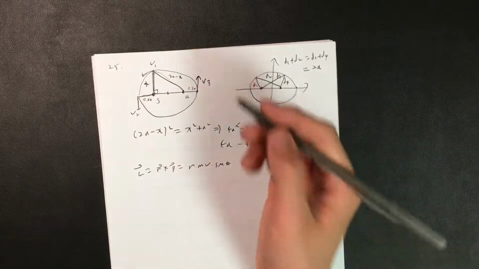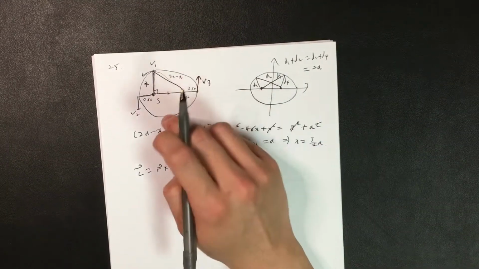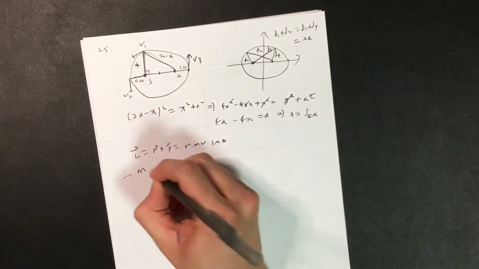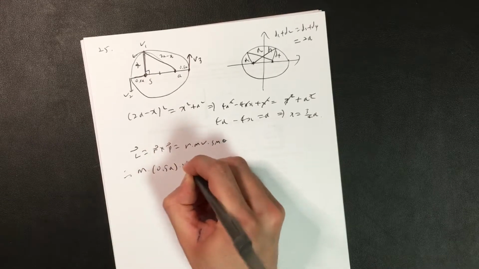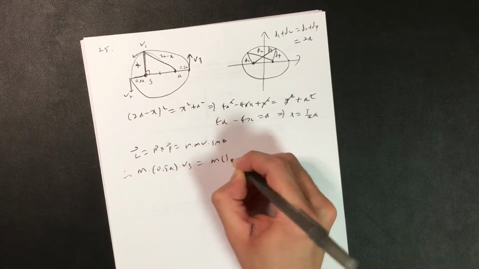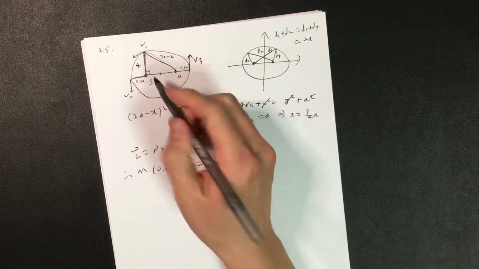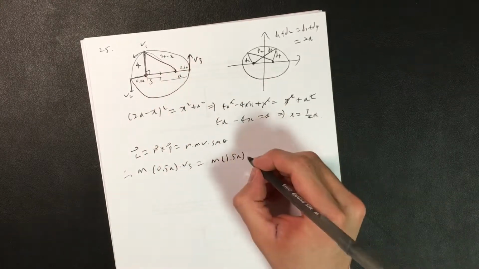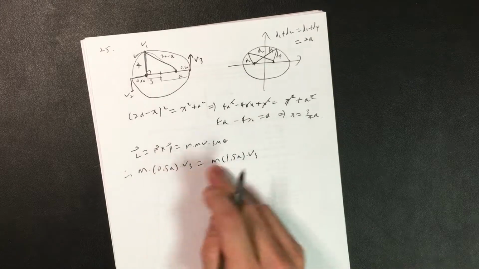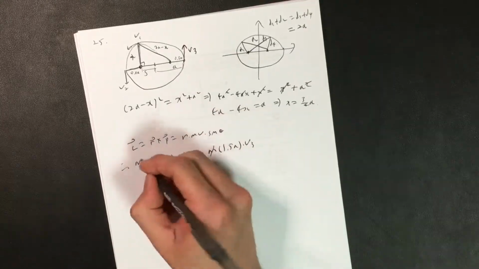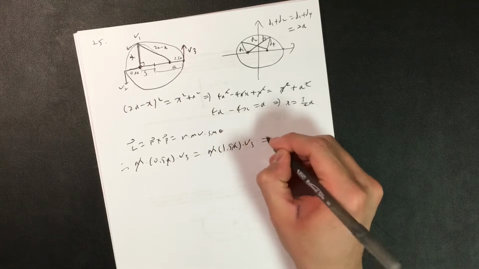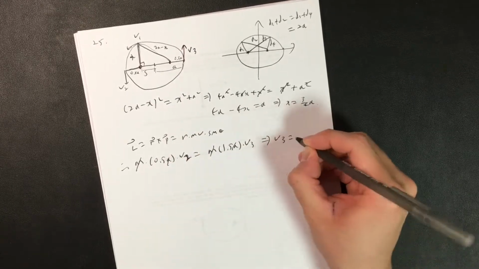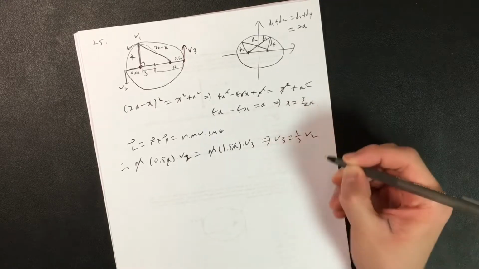So therefore I can use conservation of angular momentum between v2 and v3. So m times 0.5a times v2 equals m times 1.5a, because the distance from here to here is a and the distance to here is 0.5a, times v3. These two quantities are the same. Canceling off the m and the a, I get v3 equals 1/3 of v2.